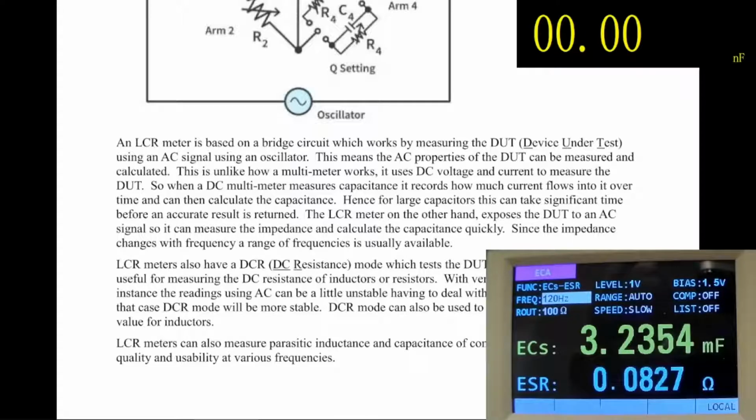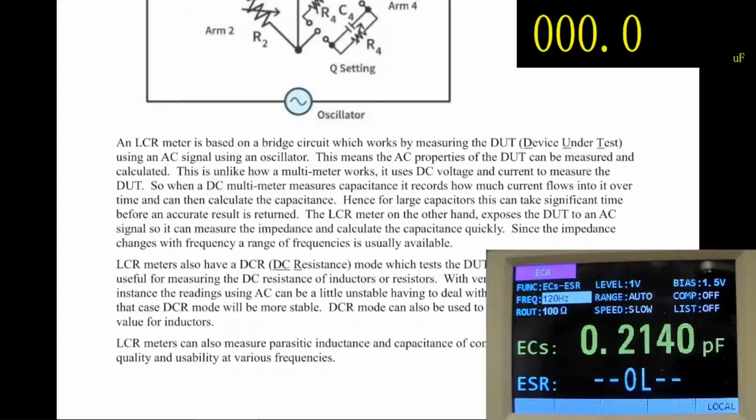But now let's hook it up to the multimeter and see the difference. Give me a second here. There we go. Now this multimeter is that little multimeter that I've got, and it is notoriously slow, but it demonstrates the features I'm talking about.